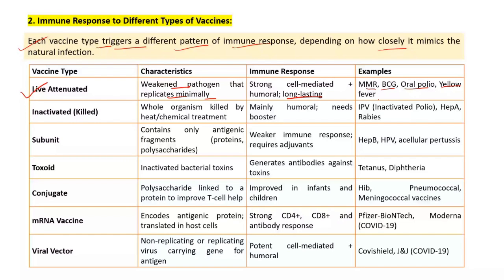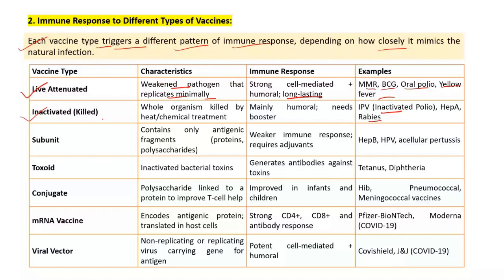And in the inactivated one, in which we kill the antigen, so therefore अगर वो kill हो गया है तो response कम ही देगा ना, intensity तो कम ही होगा. So therefore booster dose are required, and inactivated poliovirus and rabies, hepatitis A, all those are examples of inactivated and killed.